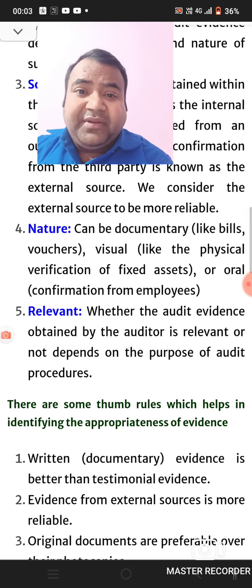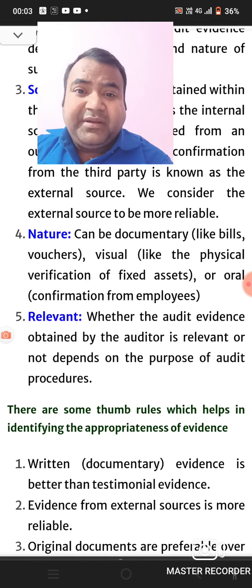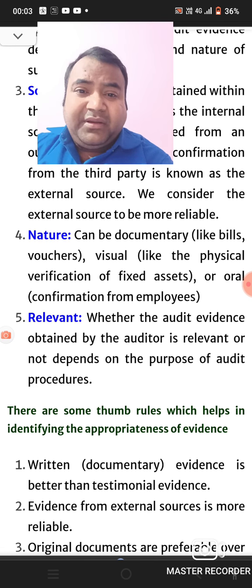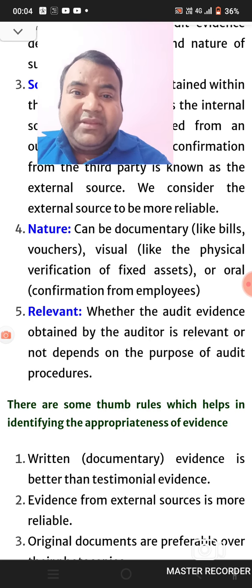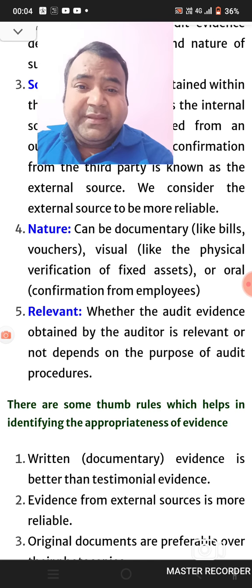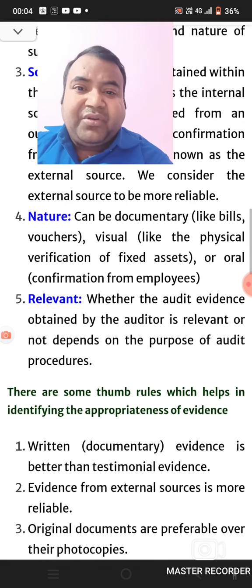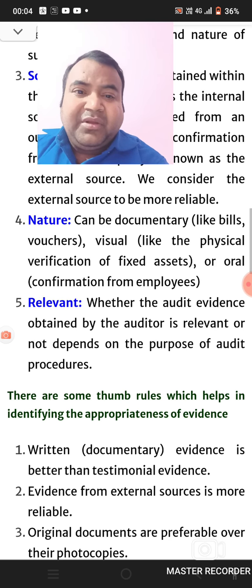And documentary evidence is information already printed, stamped by the government or some higher authority, on a particular paper, like bills or vouchers. These kinds of documentary evidences are also more reliable. Or we can say oral confirmation from employees.